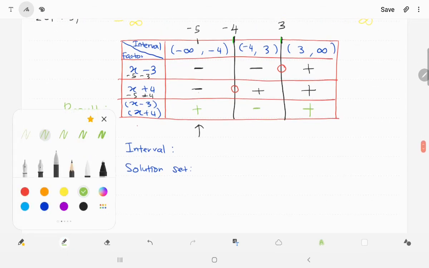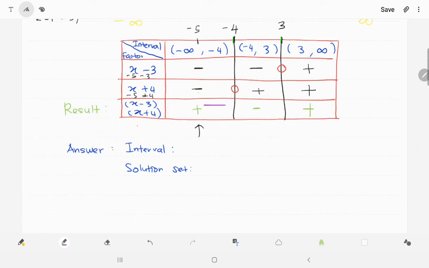So the answer will be, select the positive interval. As you can see here, our positive intervals are negative infinity to negative 4, and 3 to infinity. Does it include the endpoints?